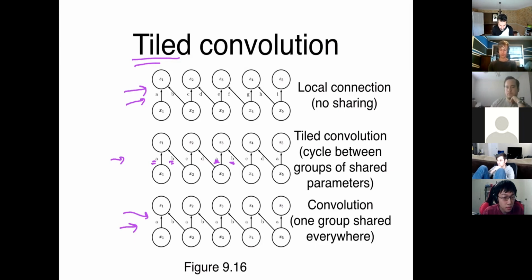Typically, if you think about this output, for example, S1 depends on A and B, right? S2 also depends on A and B. So even these neighbors depend on the same parameters.